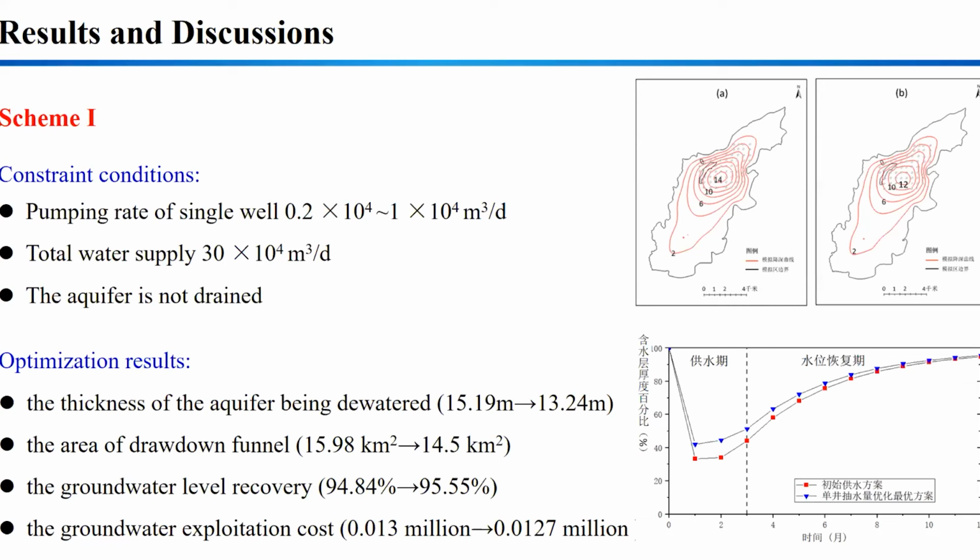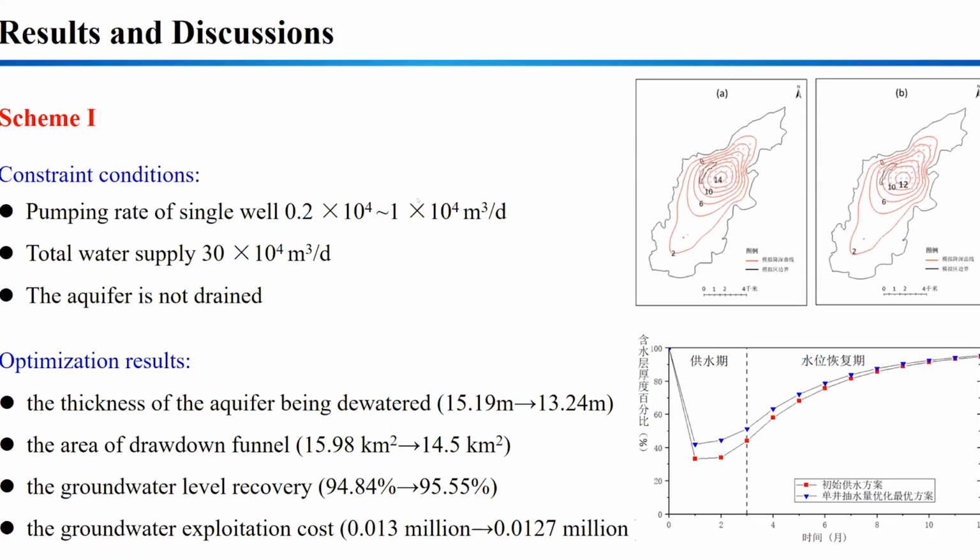The average drawdown funnel decreased from 15.98 square kilometers to 14.5, and the groundwater level recovered from 94.84% to 95.55%.